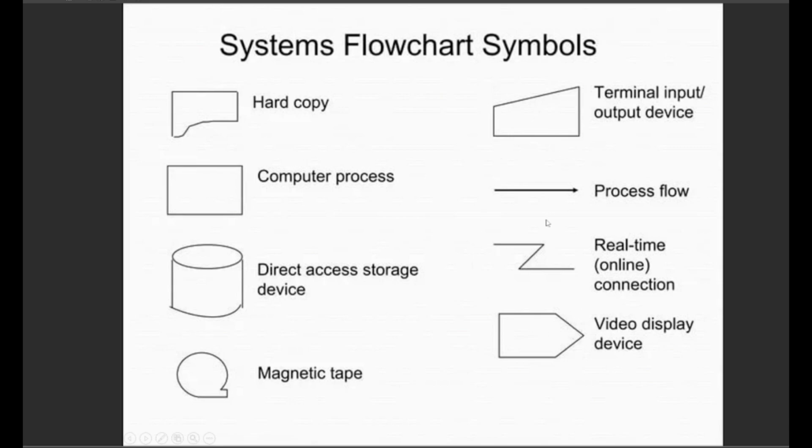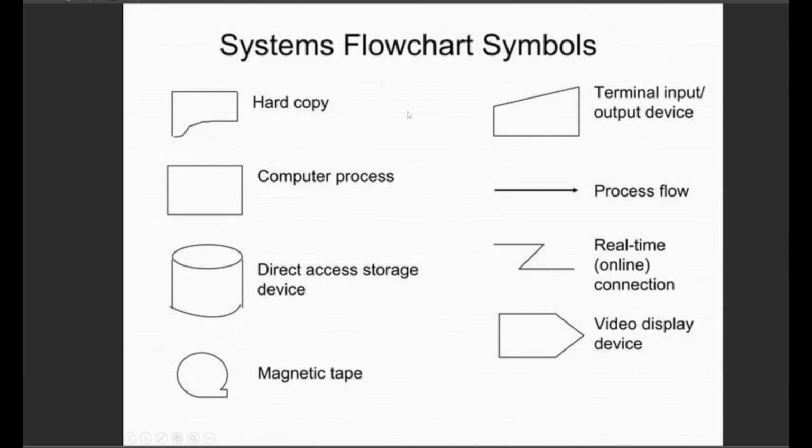Okay, and then of course this flow. Okay, so the Z flow represents a real-time online connection. Okay, this is for online systems that use real-time processing. Okay, we'll go on to the discussion regarding batch processing and real-time processing. Okay, that will be in other discussions.